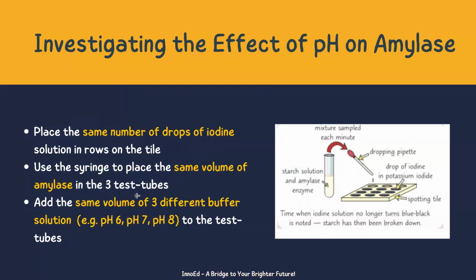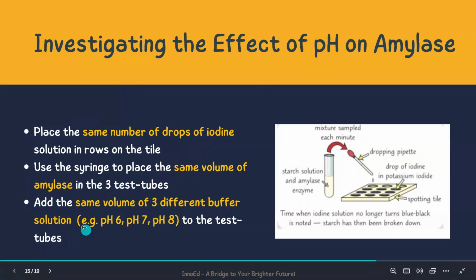This is the example; you can use 3 or 4 or 5 or even 2. And then add the same volume of 3 different buffer solutions, for example pH 6, 7, and 8, to the test tubes. pH 7 is the usual optimum pH, that's why I put it in the middle.